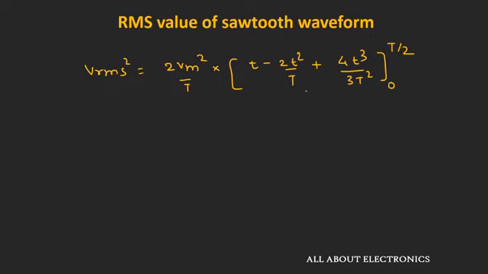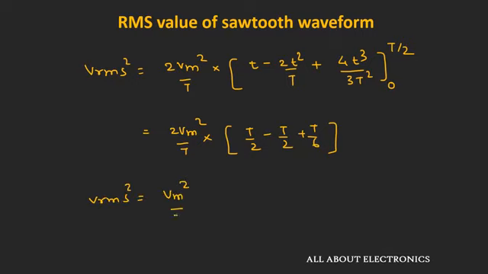If we put these limits and simplify, then Vrms square will be equal to 2Vm square by T multiplied by T/2 minus T/2 plus T/6. So Vrms square will be equal to Vm square divided by 3. That means Vrms will be equal to Vm divided by root 3.